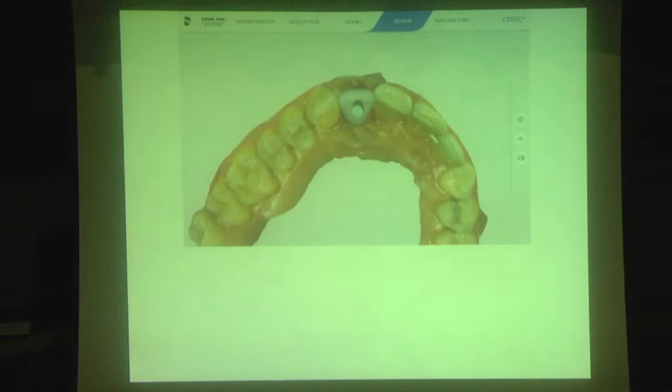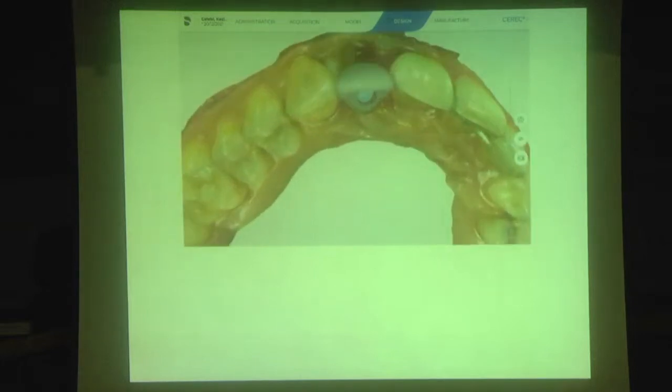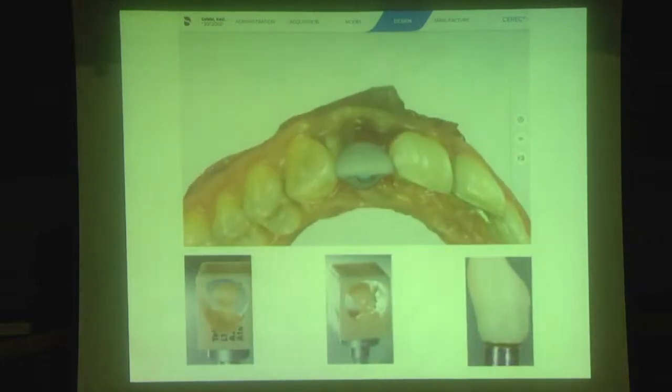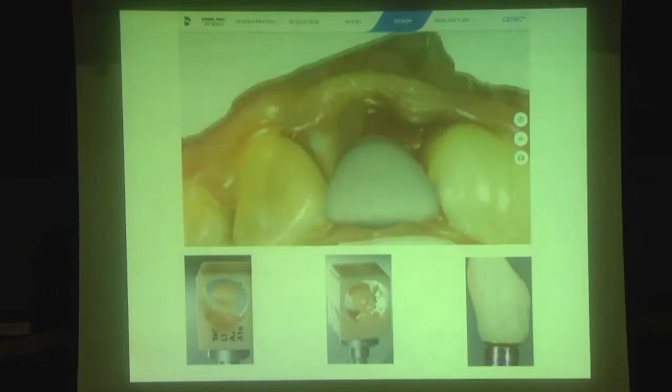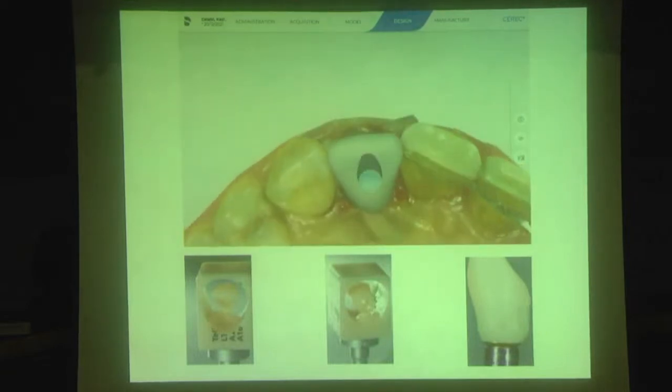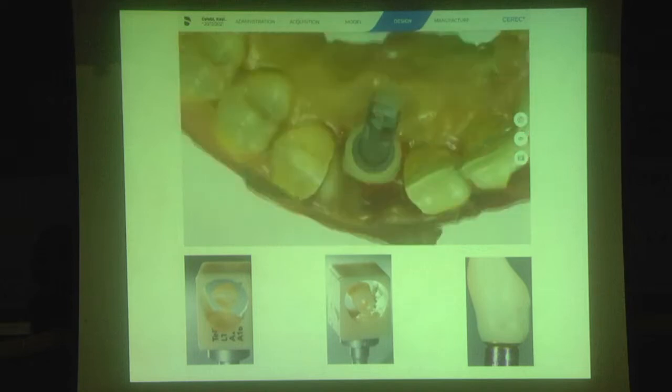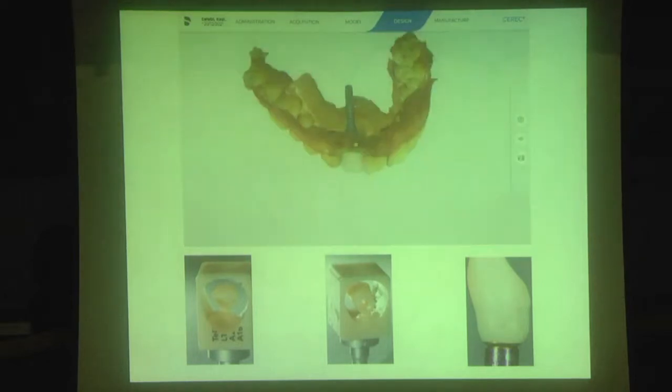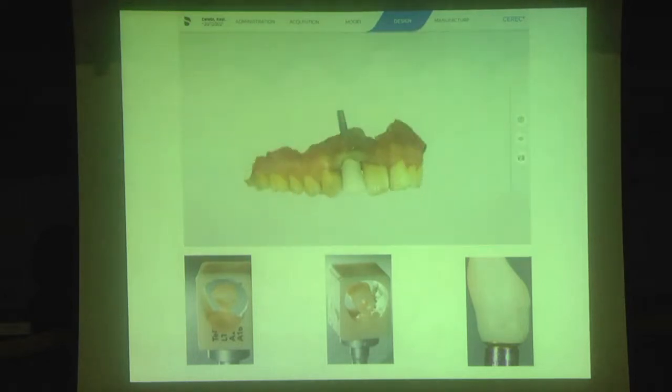And now we made the scanning, okay, with this machine, but this is only scanning. Here we don't have any milling machine. Look, we look at everything, the right side, the left side, the buccal side, the palatal side, everything, the material, the shape, and the color.